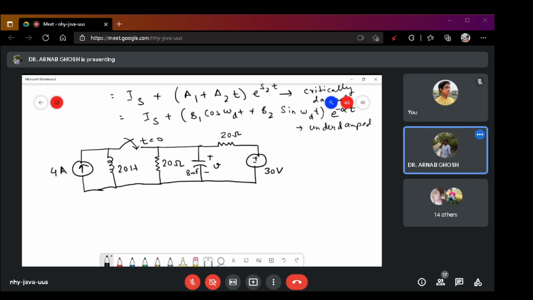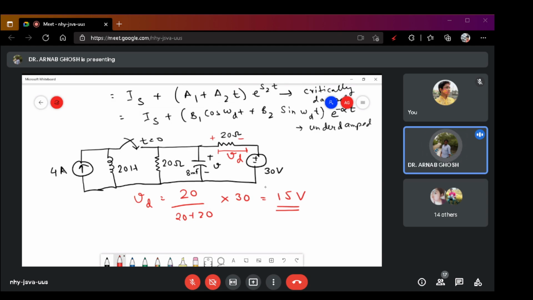Okay. Now you see there will be a voltage drop across this. So what is the voltage drop? By the potential divider rule, it is 20 by (20 plus 20) into 30, which is equal to 15 volt. So there is a voltage drop of 15 volt across this 20 ohm resistance.